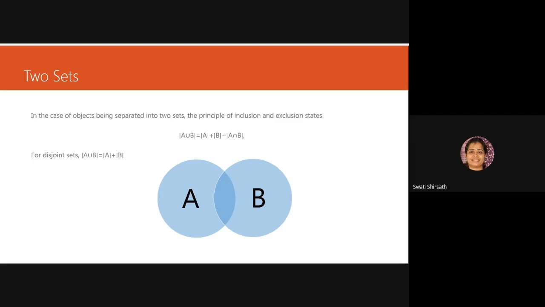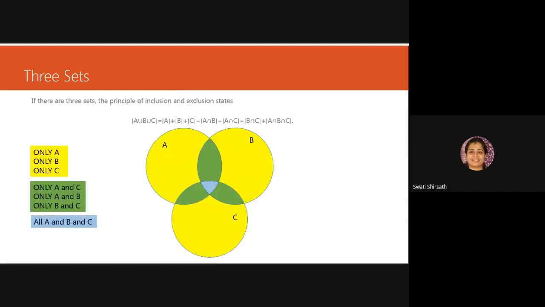Just write the formula. And for your reference, you can write these things: only A, only B, sorry, only A and C or A and B, because only these three types of questions are asked based on the principle of inclusion.